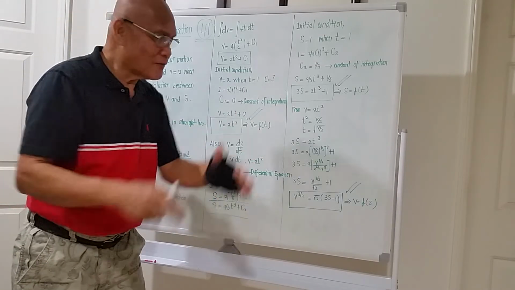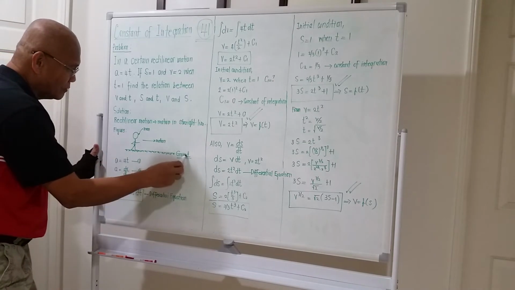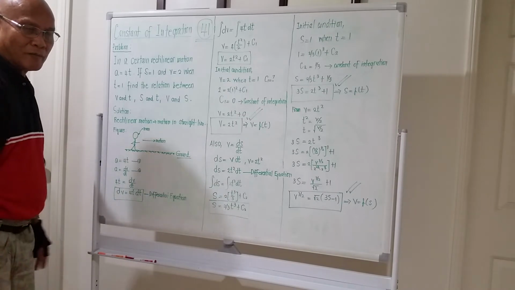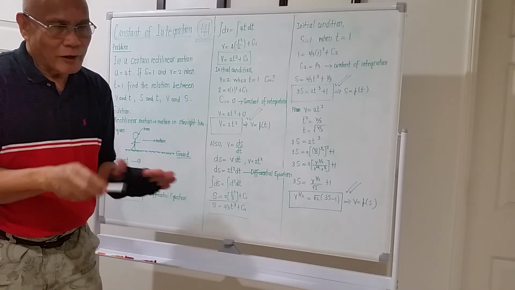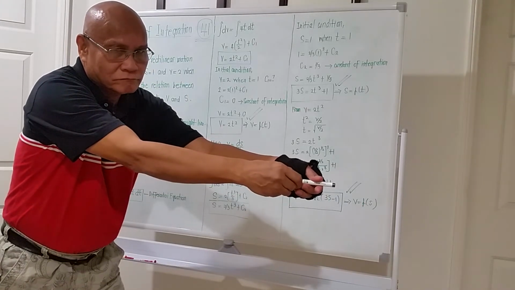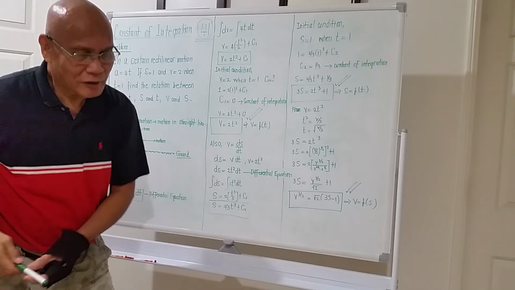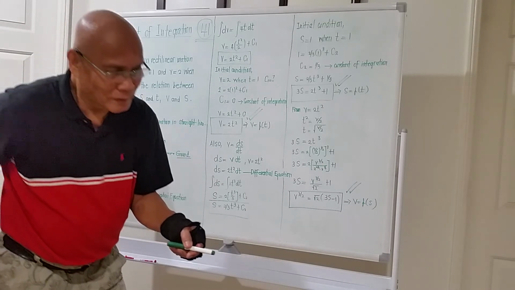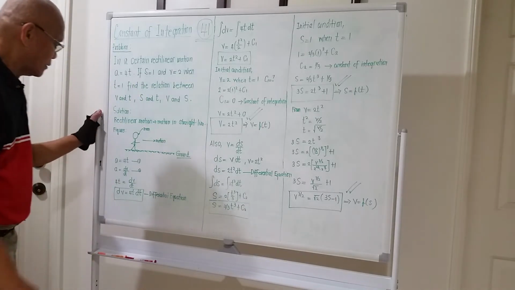So the example on the board is a man walking on straight, level ground, in a straight line. That's an example of a rectilinear motion. But militarily speaking, rectilinear motion is the motion of an F-35 touching down on an aircraft carrier. The top of the aircraft carrier is a straight line, so we could consider the motion of that F-35 moving down as a rectilinear motion. Okay, let's proceed with the solution.